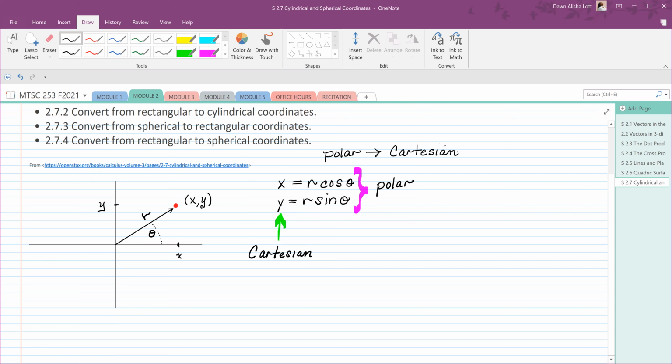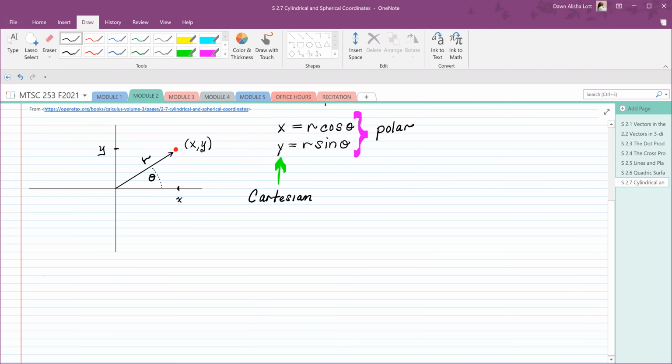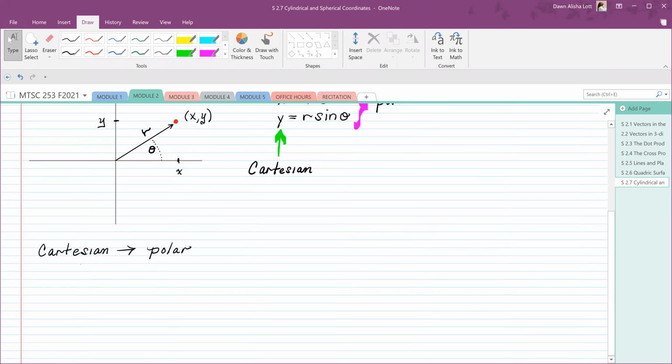We also know we can go Cartesian to polar. So if we know X and Y, we know that r squared is X squared plus Y squared.